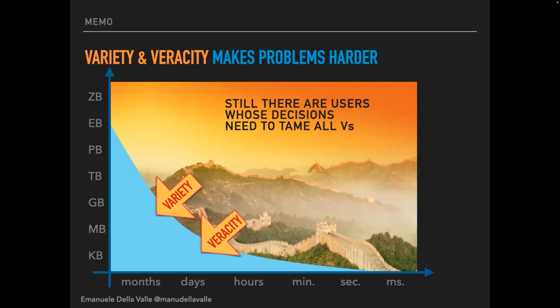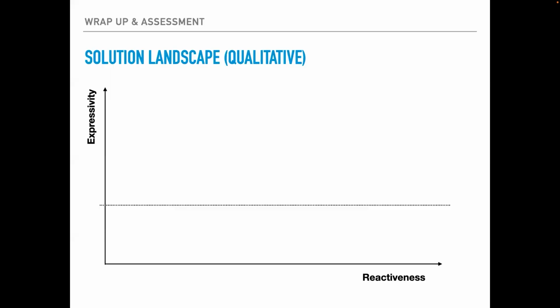And what we were trying to show you is that there is another trade-off to be aware of, which is the trade-off between expressivity and reactiveness. Somehow, the more you want to be reactive, the less you can be expressive, meaning that the continuous task that scales the most is filtering.